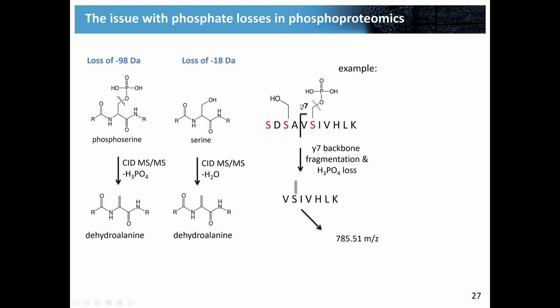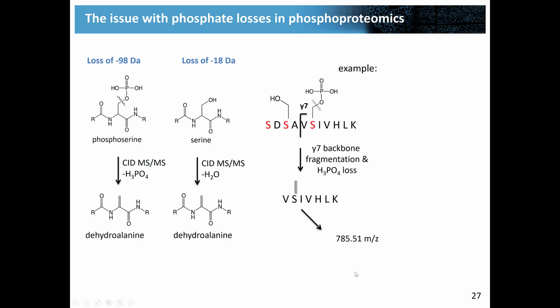And if you would now use the Y7 fragment ion, where also this bond here broke, you will have the dehydroalanine at this position, and the mass of the fragment ion will be 785.51 m/z.